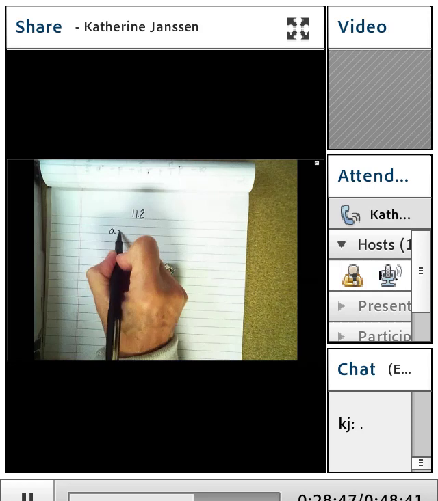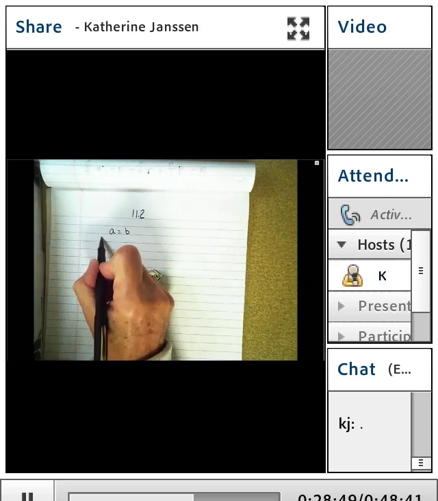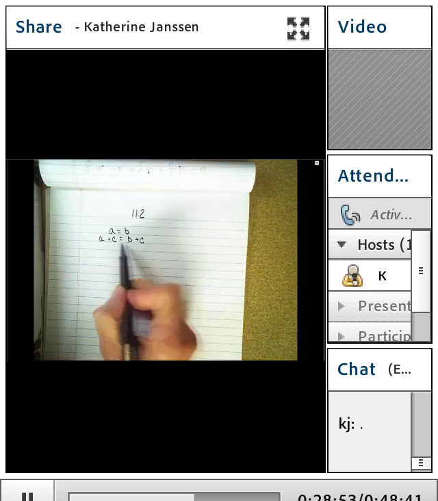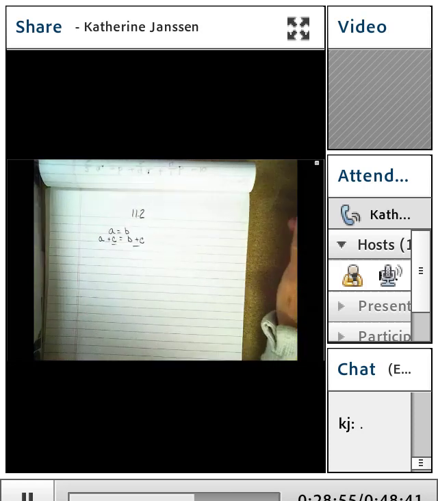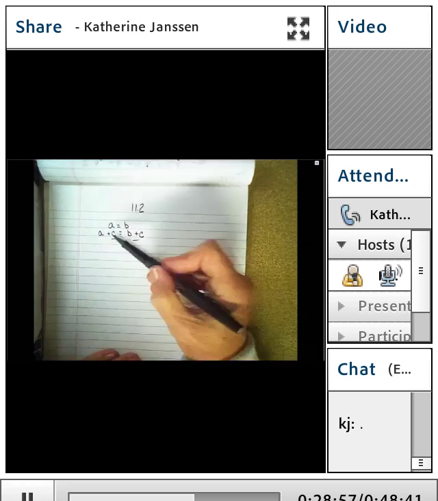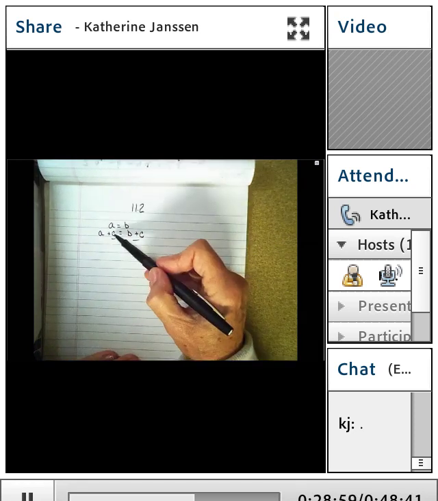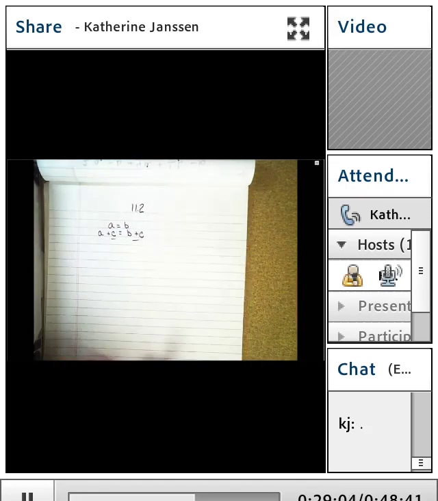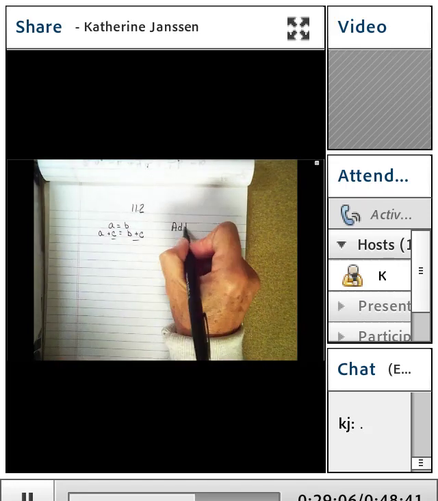A equals B, then A plus something is equal to B plus the same thing. So if you think of a pendulum and a weight, we're adding C to one side of the equation. We have to keep it balanced by adding C to the other side of the equation. And this is called our addition principle.